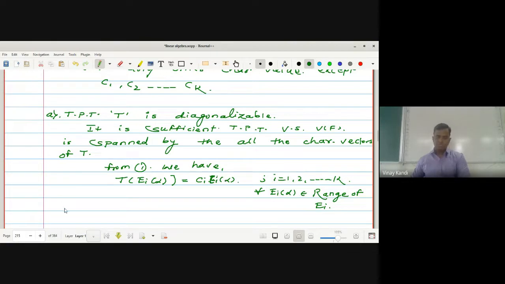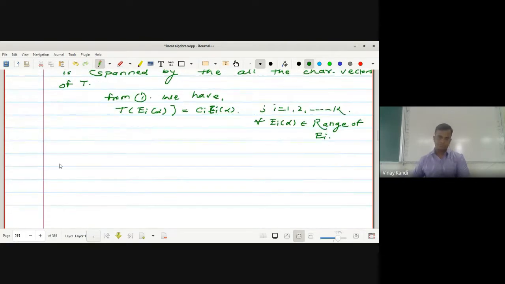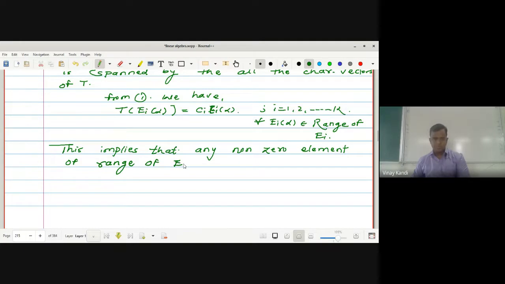So this implies that any non-zero element of the range of Ei is a characteristic vector of T with respect to ci. What is equation 1?